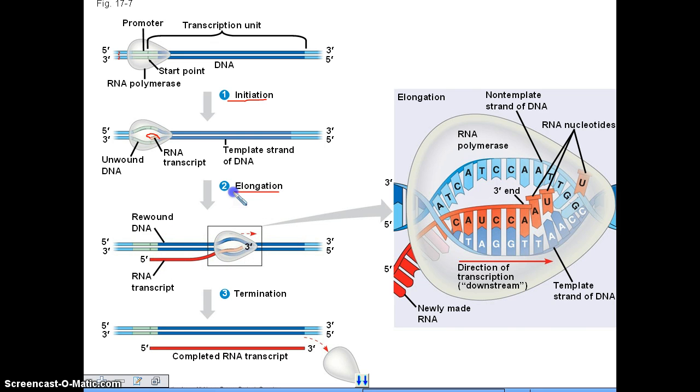That is the elongation phase. Then RNA polymerase is going to hit a sequence on the DNA strand that causes the RNA to fall off, which we see here, and that refers to termination. So you start the process, you make the RNA molecule, and then we stop the process.